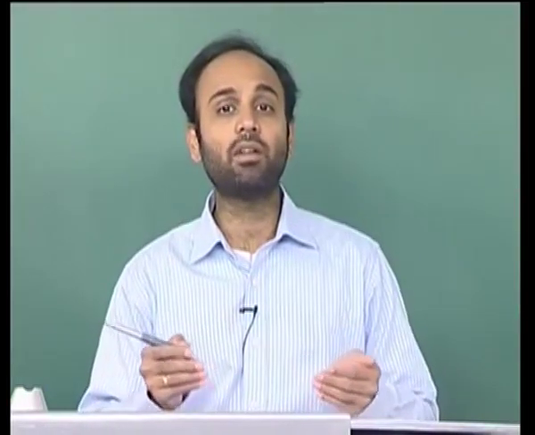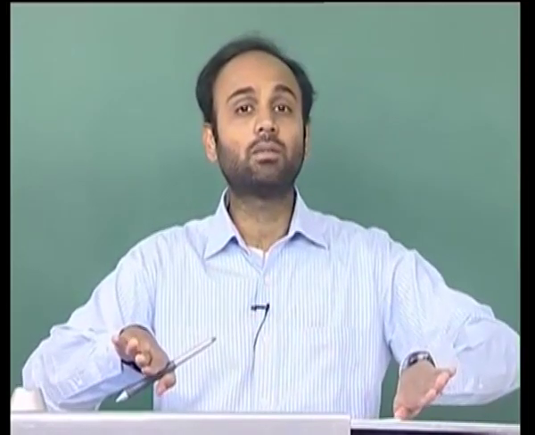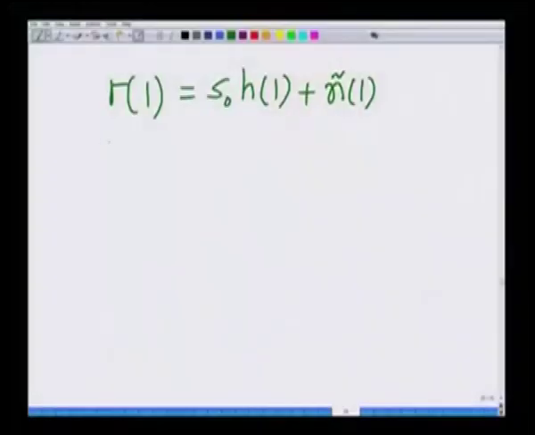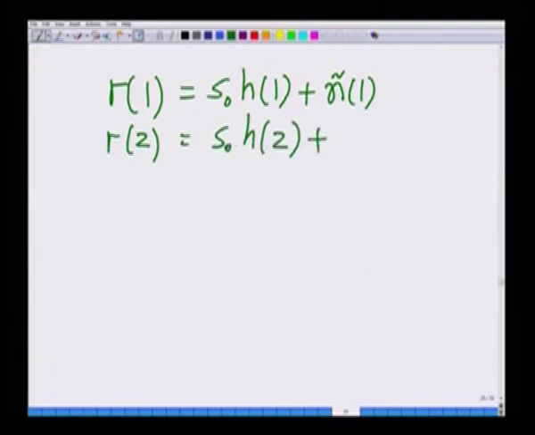Alright. Hence, by correlating with the delayed chip sequence, I am extracting each path. Remember, previously all these paths added up randomly, but now I can separate each of these paths by the remarkable property of CDMA, which is that I simply have to correlate with the shifted CDMA spread sequence. Hence, I can extract R2, which is S0 H of 2 plus n tilde of 2, and so on and so forth.